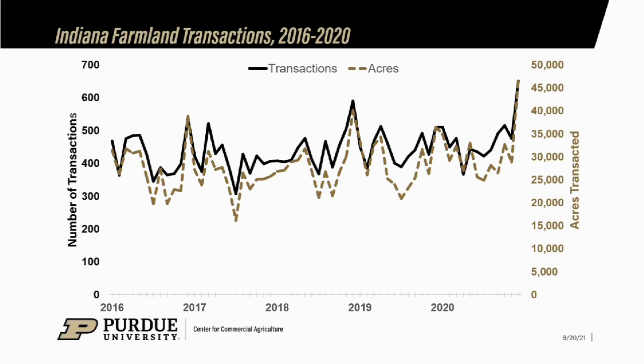And then we also removed anything that was between a related party. So we look at what we call arm's length transactions, meaning that anybody watching this webinar or listening along could have access to buy it. It wasn't a transfer within family members. We looked at just that subset, and if you look, the number of transactions and the acres transacted is relatively stable over that period. So we don't see a huge influx.